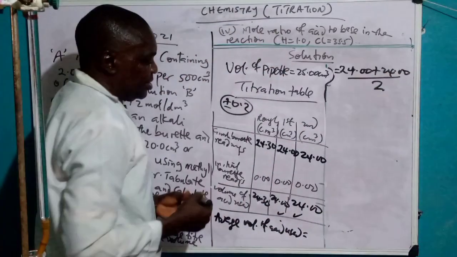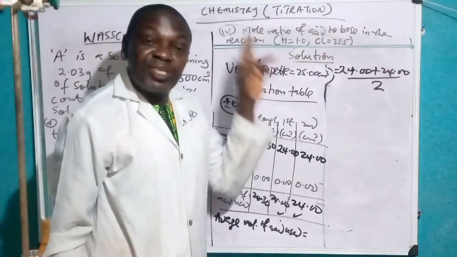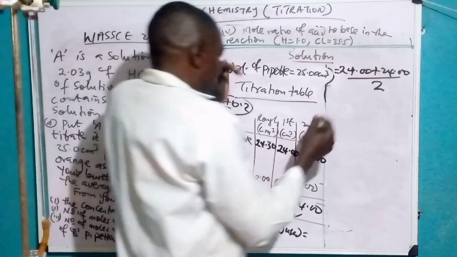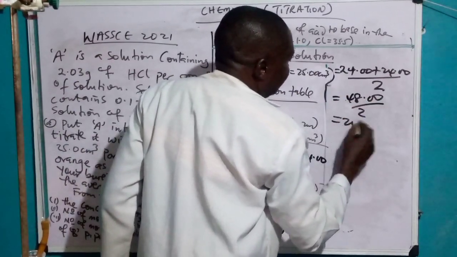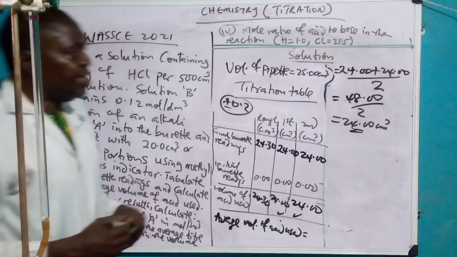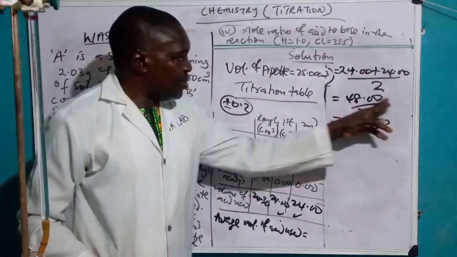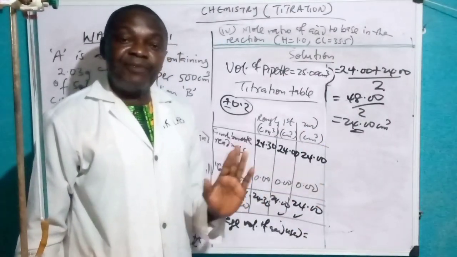You have already said your values are 24.00, so don't use just 24 here. You must indicate 24.00, so that you have 48.00 over 2 giving you 24.00 cm³. So this one is 2 marks, making 1 plus 8, 9, plus 2, 11 free marks.